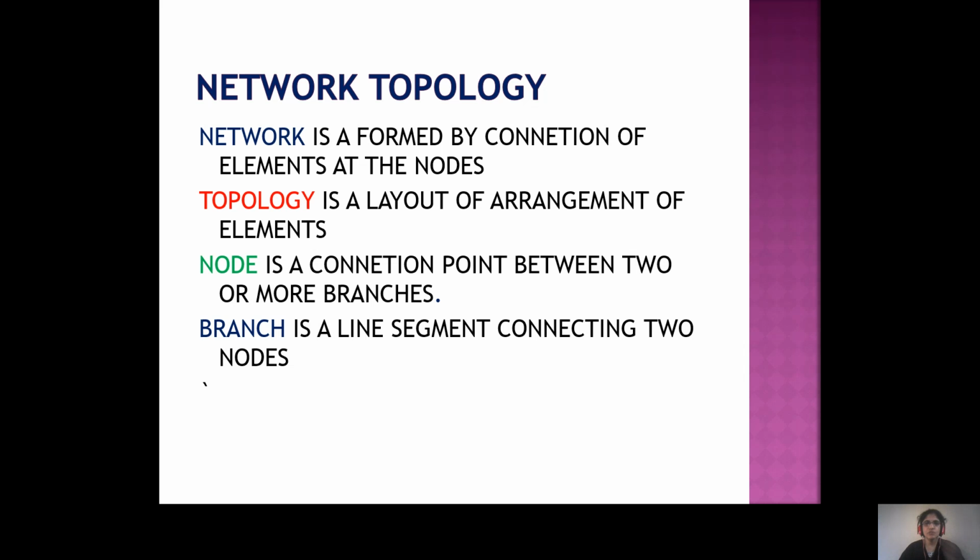Before going to this graph theory, we have to see why we use it, and what the main advantages of this graph theory are. Basically, network analysis is nothing but finding unknown branch currents or voltages across various branches.